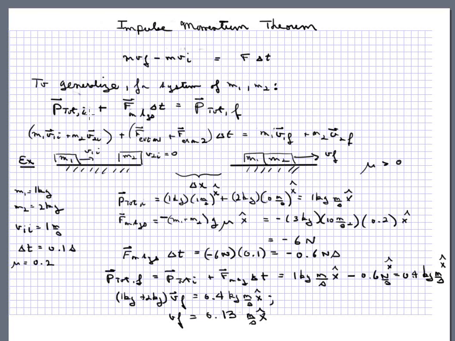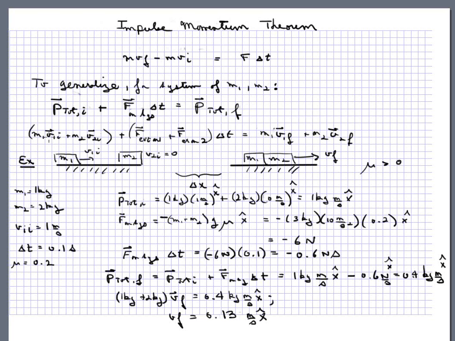And that theorem says that if you have a system of two masses, for example m1 and m2, could be any number, but for simplicity let's state it in terms of two masses, then the total initial momentum plus the impulse, and that's going to be the total force acting on the system, is equal to the total final momentum.